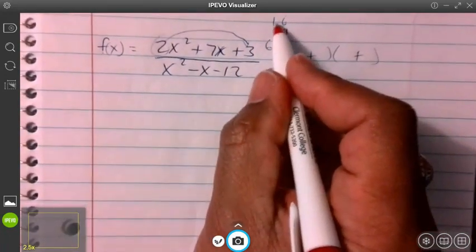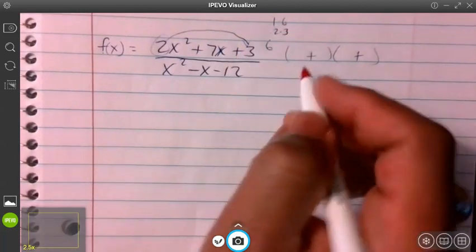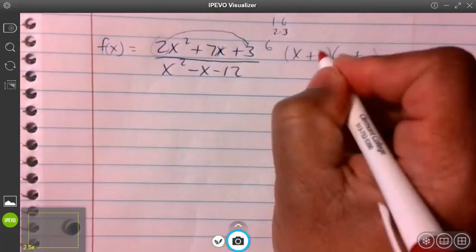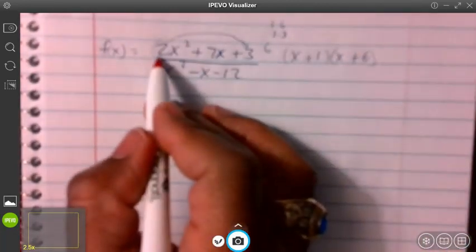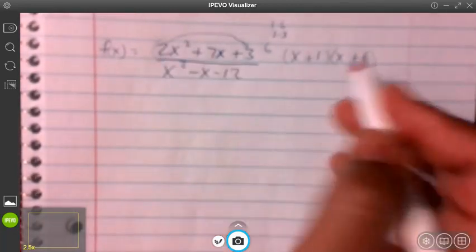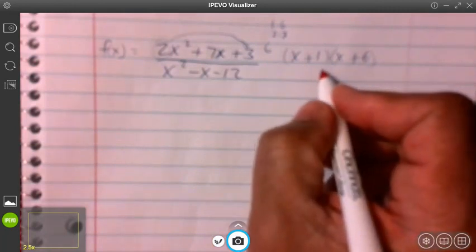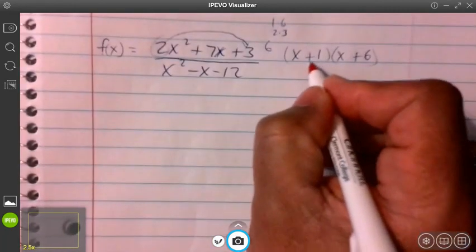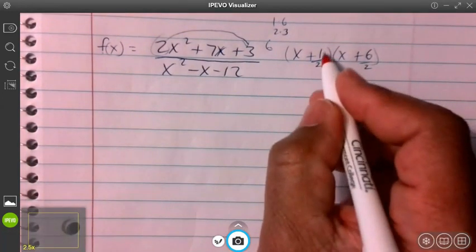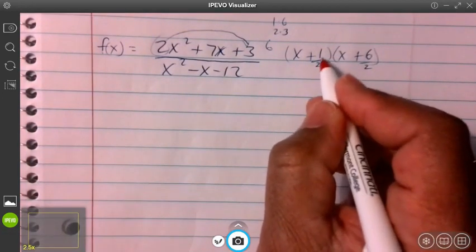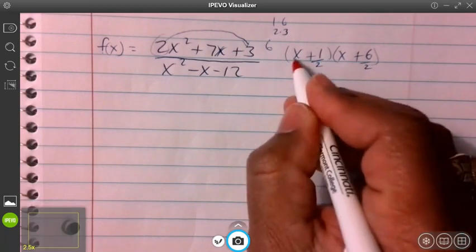Remember to add and get the middle term is 1 and 6. So it'll be x plus 1, x plus 6. But we have to put the leading coefficient underneath both of those. So put the 2 under here. This cannot reduce, so the 2 goes in front.